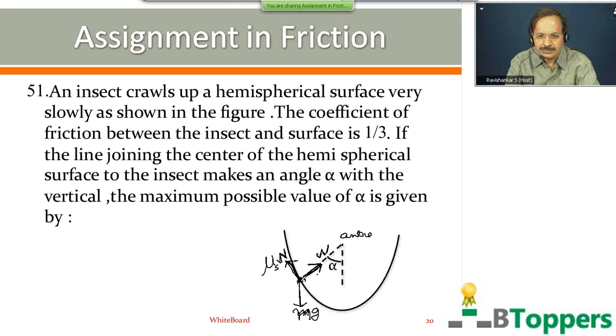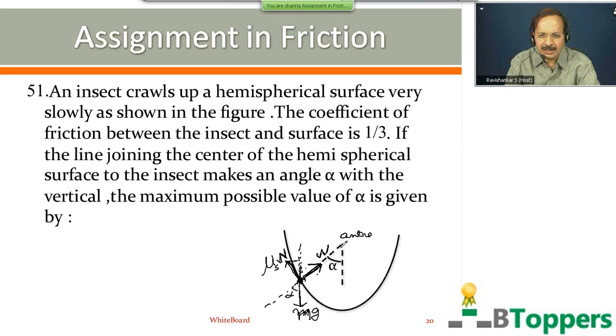So here the line of action of the normal reaction is produced backwards. This angle is alpha, so this will also be alpha.